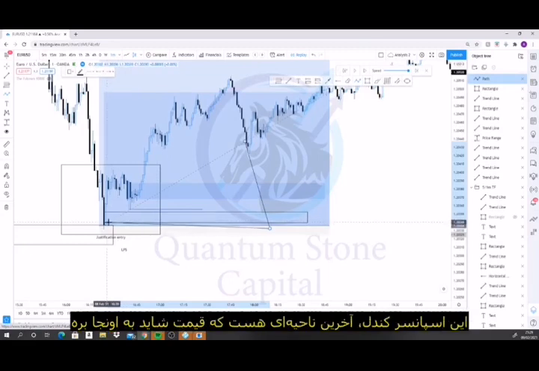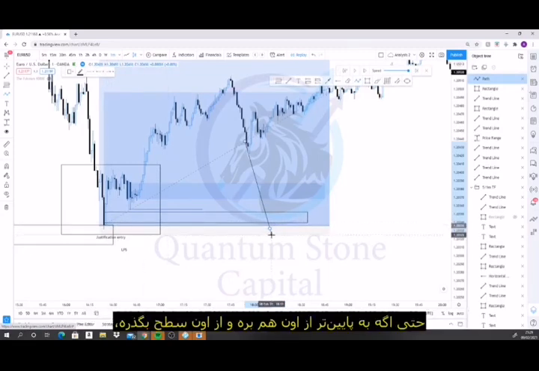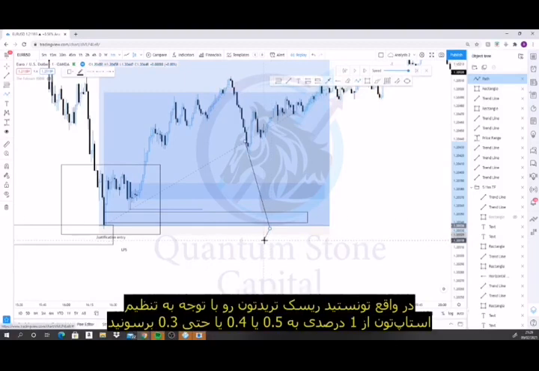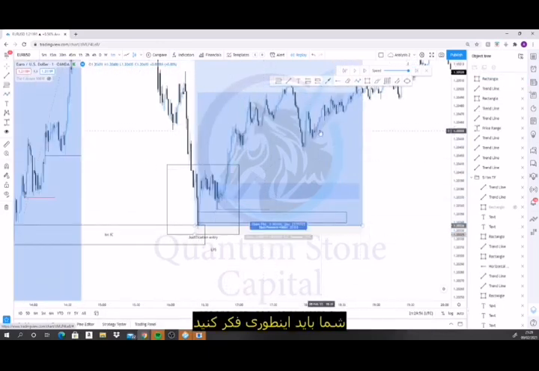That sponsor candle is the last area of interest that price can go to. You know, if it goes below that low there, then that's it, the trade is violated. And in that sense, you're basically reducing the risk from a whole 1% risk to maybe even 0.5, 0.4, 0.3, depending on how you trail your stops accordingly. But yeah, that's just something to think about.